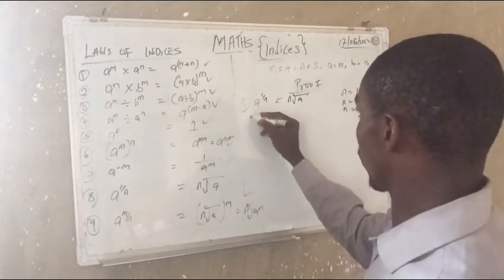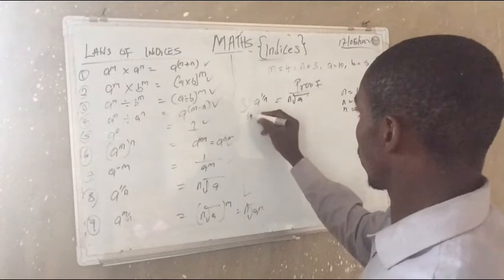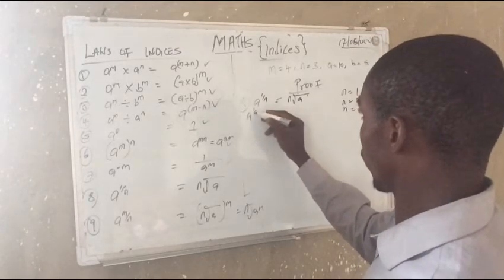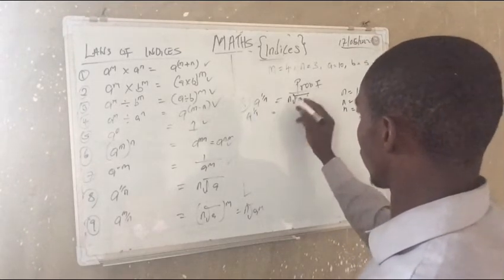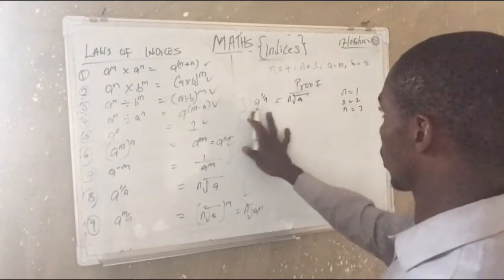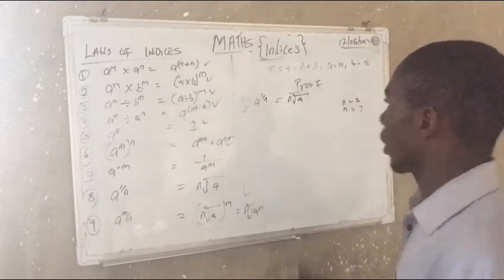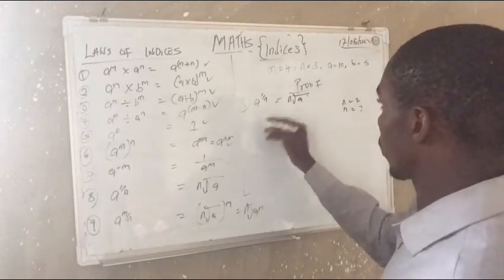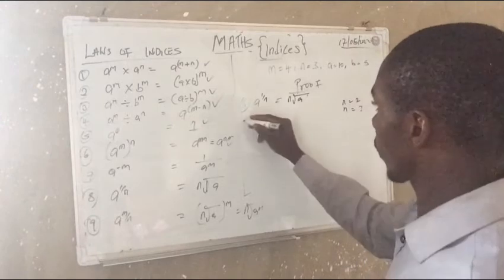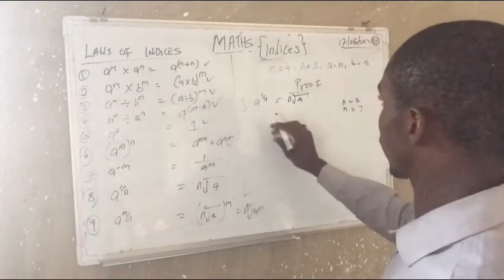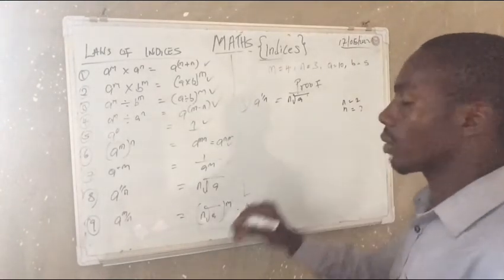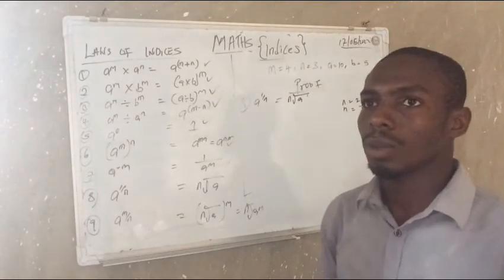If n is equal to 1, of course, a to the power 1 over 1 is not going to make sense. Let me use n equal to 2. How am I going to say this so that you will be able to understand what I want to do?